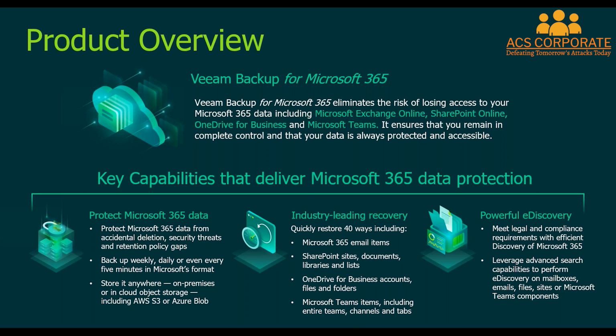And of course, we have a powerful mechanism called e-discovery, which will help you with search in case you have a lot of users, a lot of objects, and you need to find the exact data, exact email. This advanced search engine will help you with that.